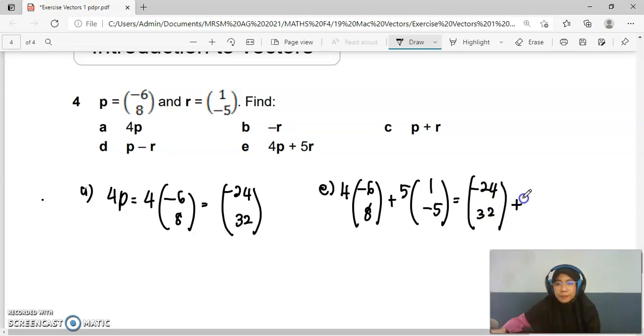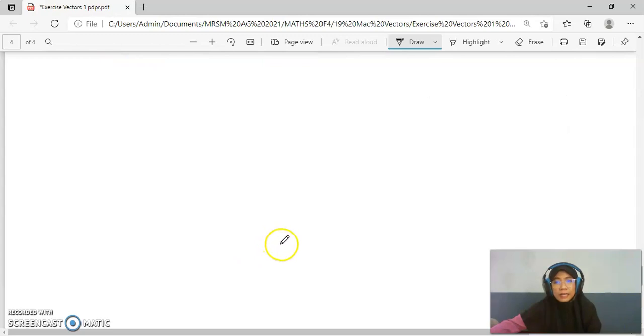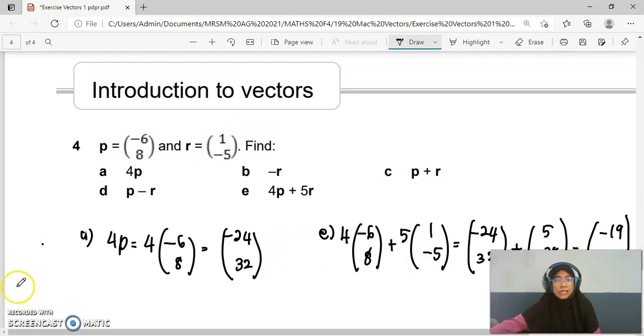Plus 5, negative 25. So you do the addition of vectors. That is negative 24 plus 5, which is negative 19. And 32 minus 25 is 7. So that is the answer, negative 19 and 7. Okay, see you for the next exercise.